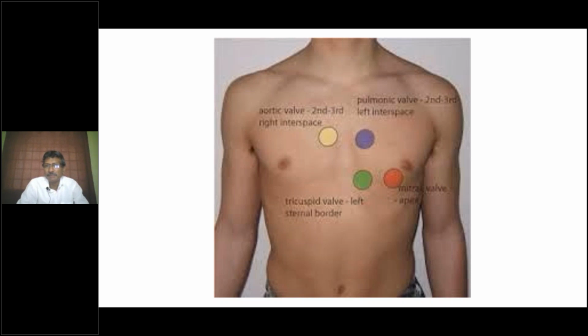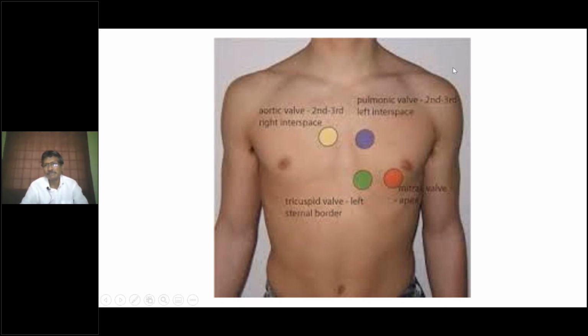The navy blue round, on the left of the sternum, corresponds to the left second intercostal space, which is for the pulmonary valve. And corresponding to it on the right side, the yellow one you are seeing is the aortic valve.